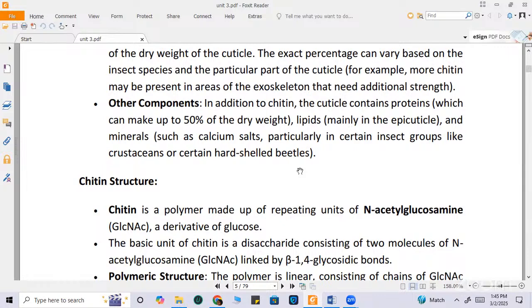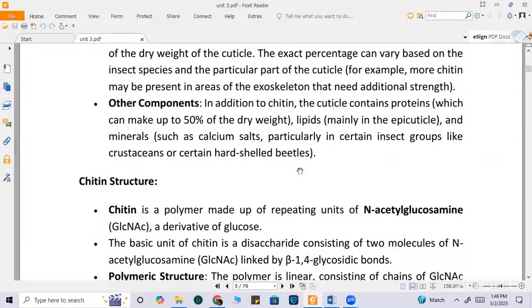And in order to join these two molecules, we need some kind of bond. There should be some interaction or formation of a bond between them. Like a covalent bond, that function is done here by the beta-1,4 glycosidic bond.